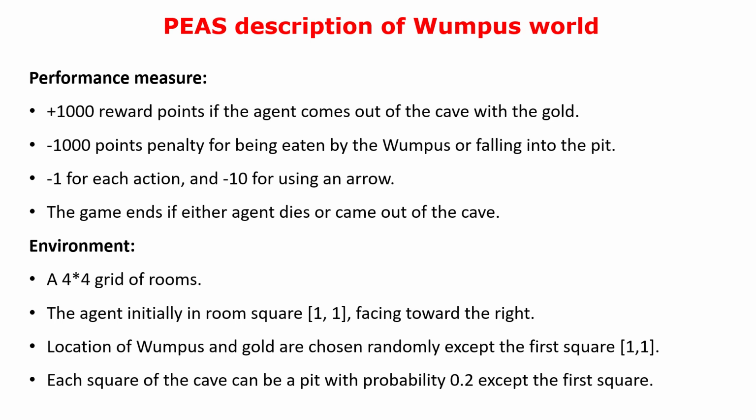Each square of the cave can have a pit with a probability of 0.2, that is 20 percent, and squares adjacent to a pit will have a breeze, except the first square where the agent starts. So this is about the environment.